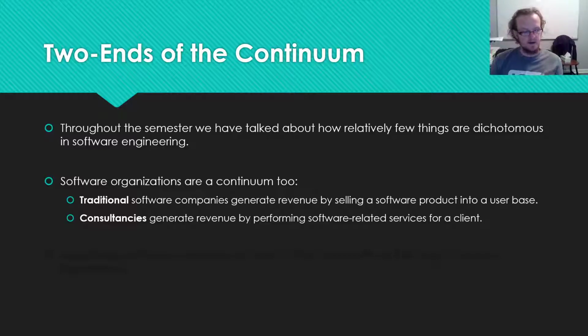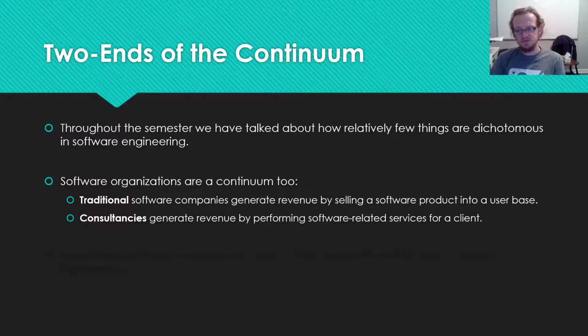They have Windows, or pick your favorite product off the shelf, and users or their companies buy that product so they can do their job. The cash somebody paid for that box with a CD in it, or the download fee for the installer, goes back to the software organization and contributes to its revenue.